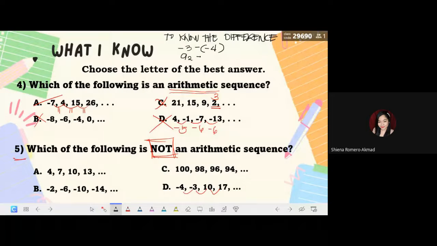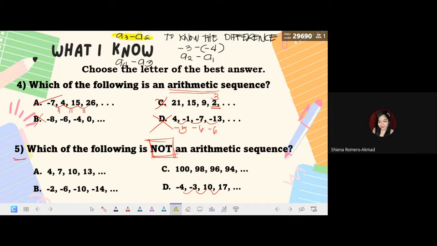A sub 2 minus A sub 1. Okay? Ano pa? Pwede din naman yung A sub 3 minus A sub 2. Yung term minus the preceding term or the previous term. So, let's say A sub 4 minus A sub 3. So, pipili lang kayo kahit alin dyan.